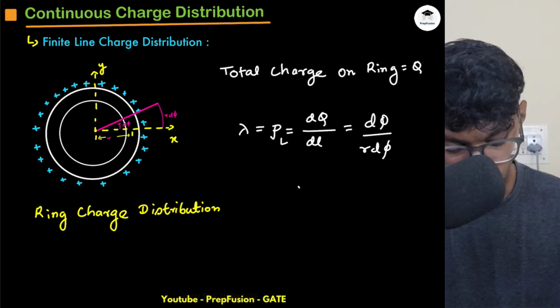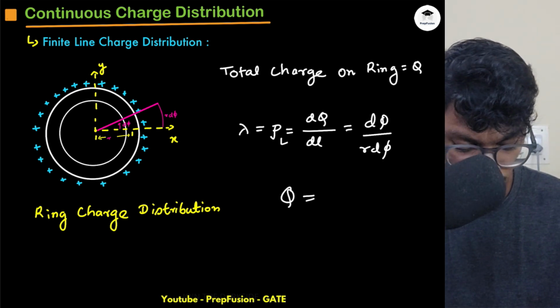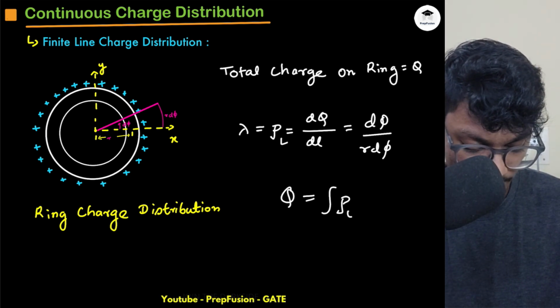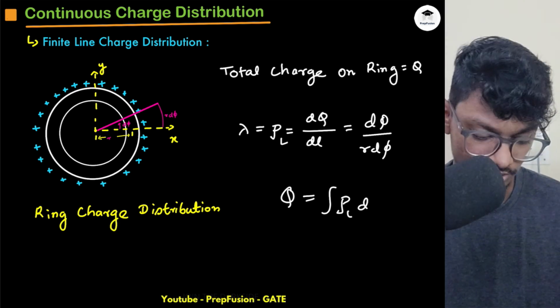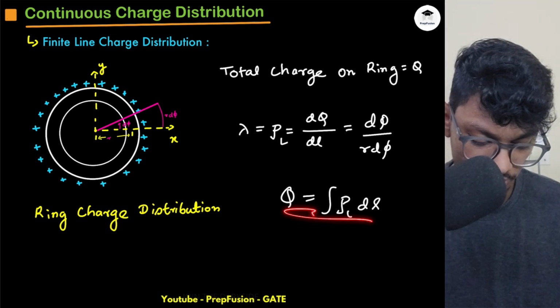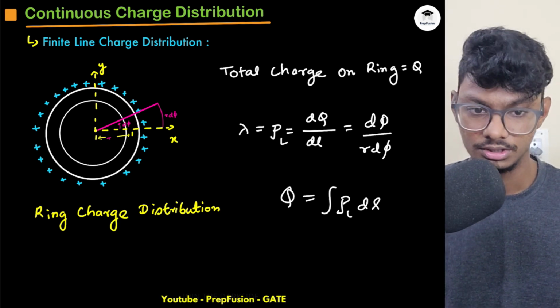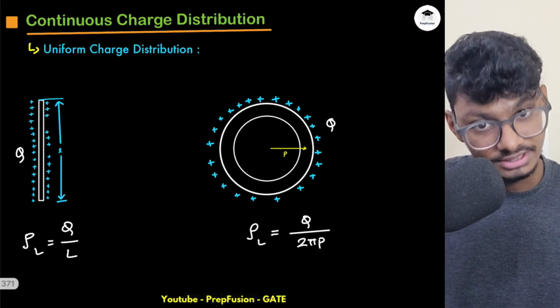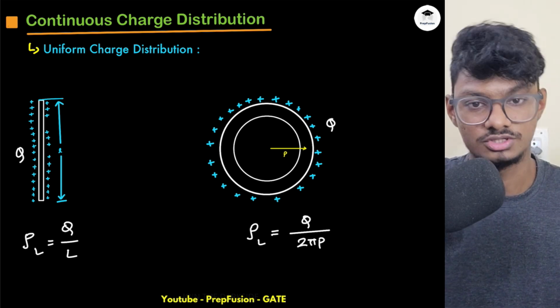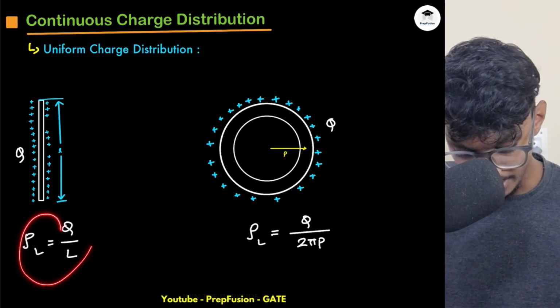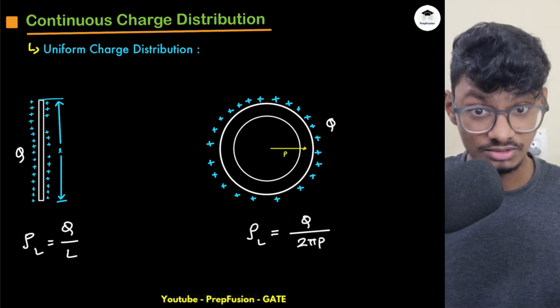And again, how can you derive the total charge? Total charge is equal to the integration of rho L dl over the whole length. If you integrate this, you will get the total charge for a finite charge distribution. For infinite, obviously charge is infinity. Now if this is a uniform charge distribution, my charge density will be constant.